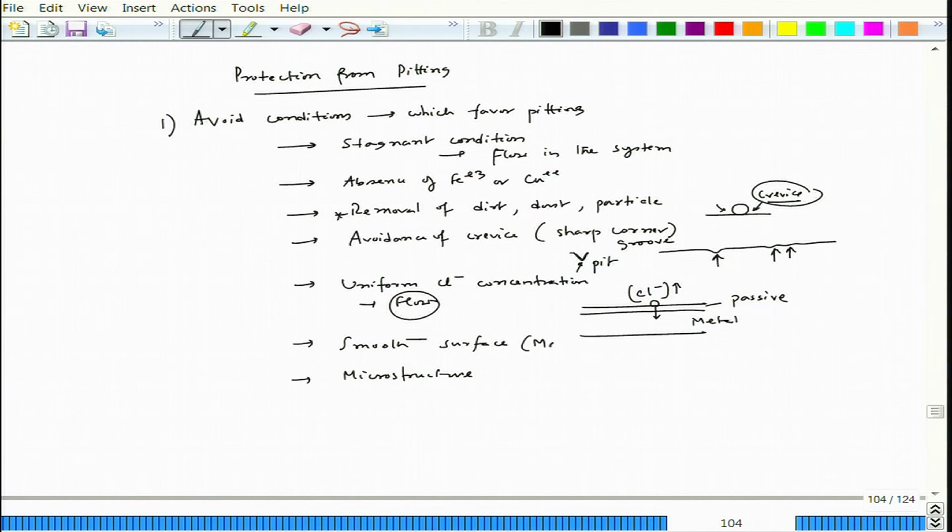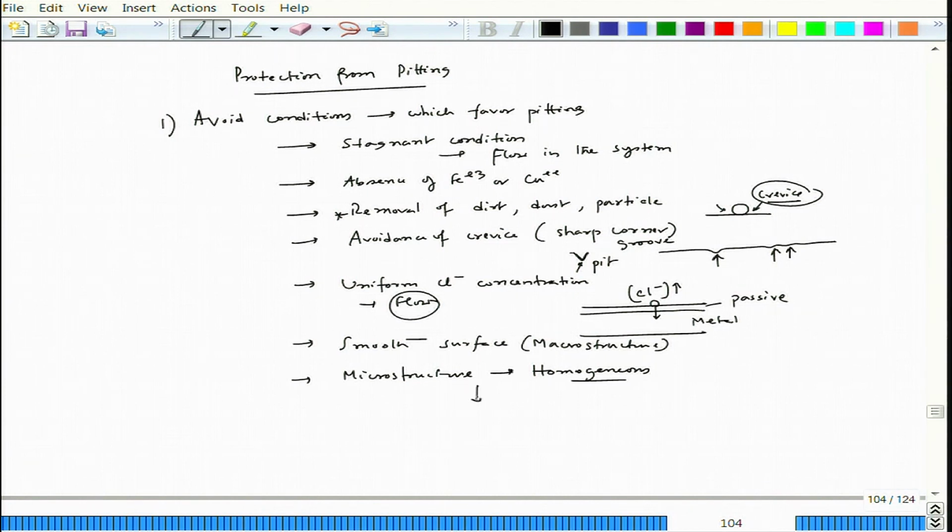This comes in macrostructure mode and this is microstructure. If we can maintain a homogeneous microstructure, that would help avoid pitting.